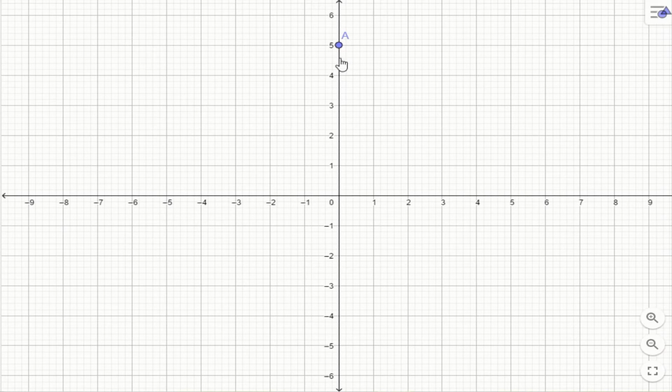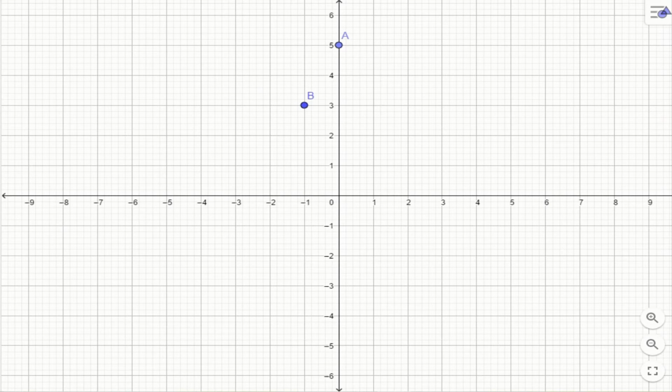Remember, if the graph is increasing. Since we went down in counting the rise, 1, 2, we then count 1 unit to the left. So, 1. Here is our next point.